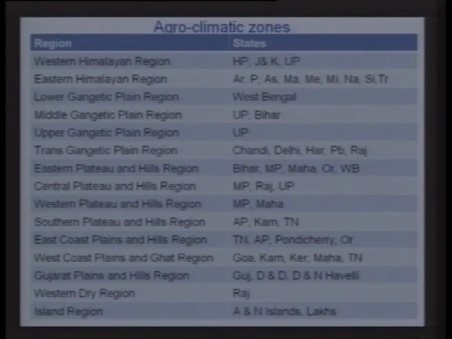Then in order to efficiently plan for the development, the country has been divided into 15 agroclimatic zones, and the planning is being done both at the state level and the national level, taking into account the agroclimatic zones of the country, so as to have uniformity and to strengthen the efforts of the national and state planning.